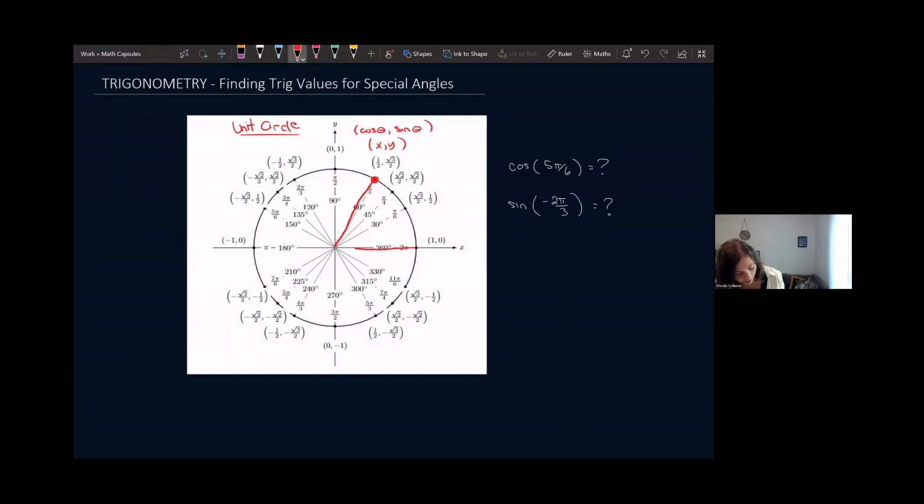That's the angle from the positive x-axis going up until the point on my circle. That's what I'll call theta. So the x value at this point up here is always cosine of that angle. The y value is always sine. So if we know those points, then we know our sine and cosine values.